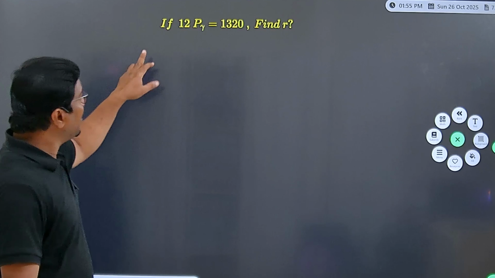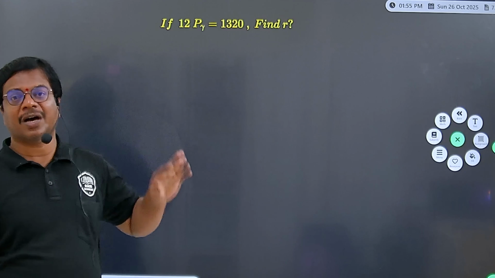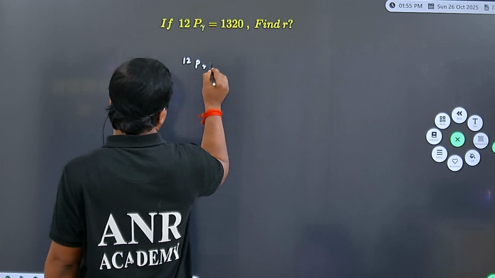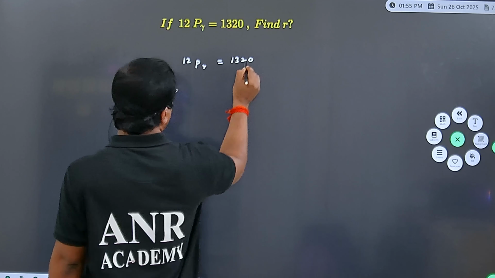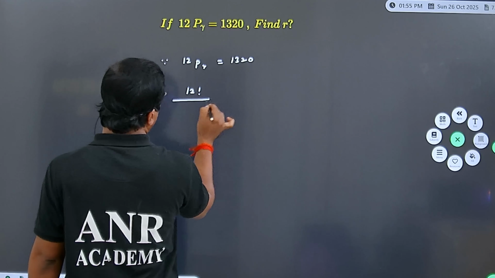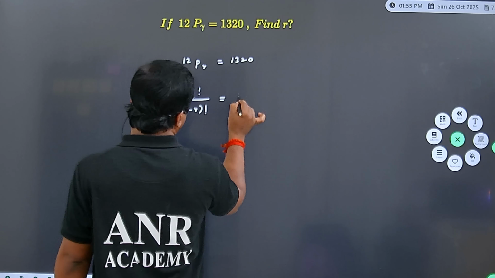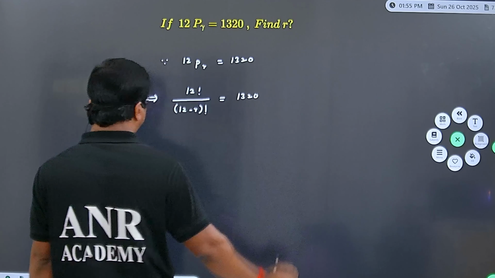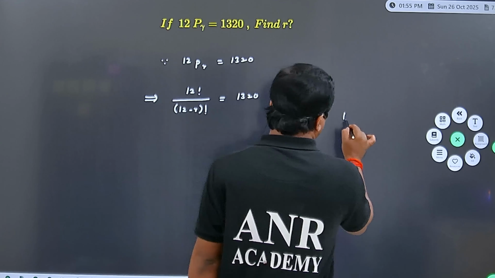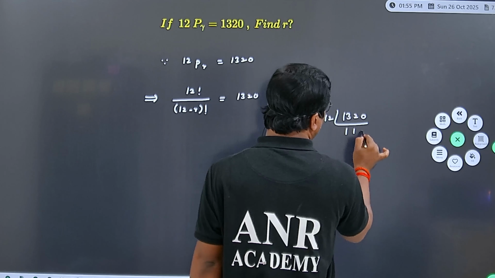Next question, 12Pr equal to 1320 is given. Then we need to find the value of r. Yes, using the nPr formula, you can write 12Pr as 12! divided by (12-r)!, that is 1320. 1320 is perfectly divisible by 12. 12 ones, 0.